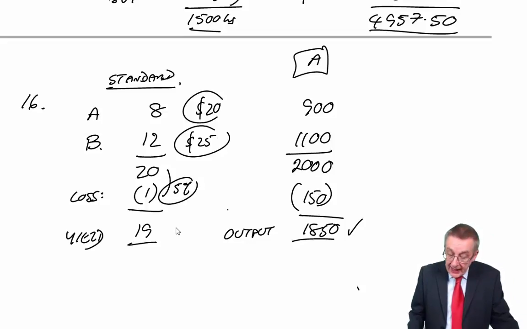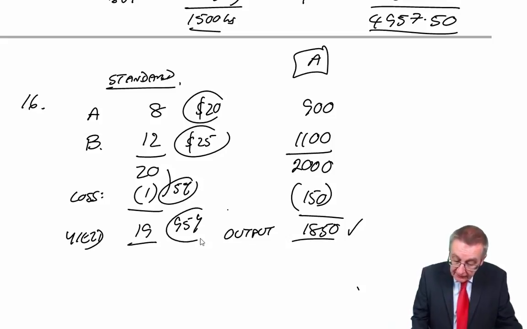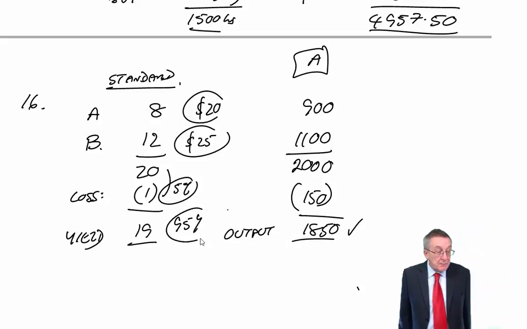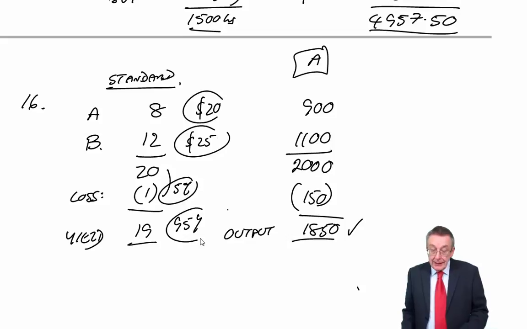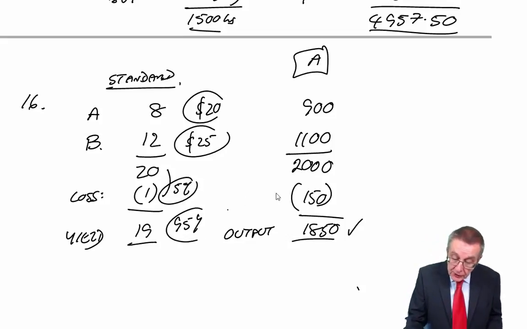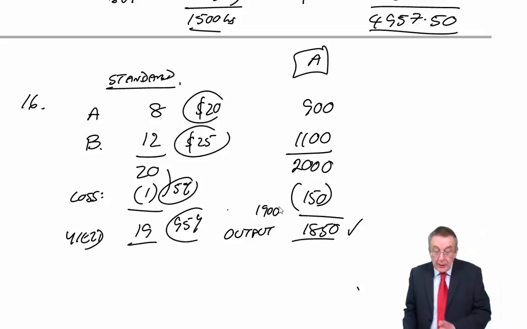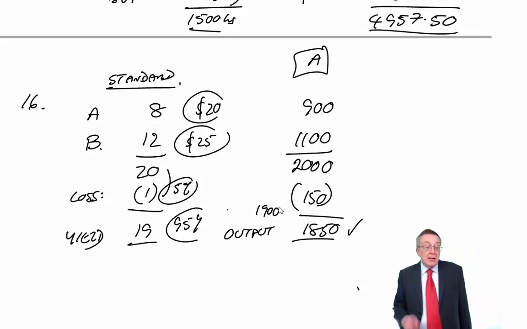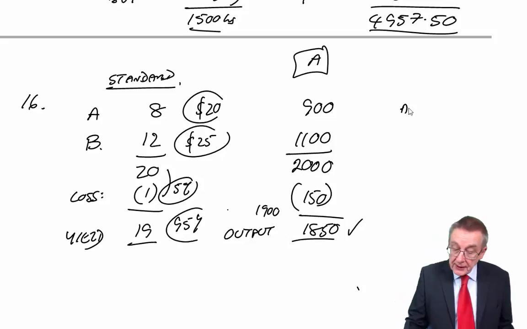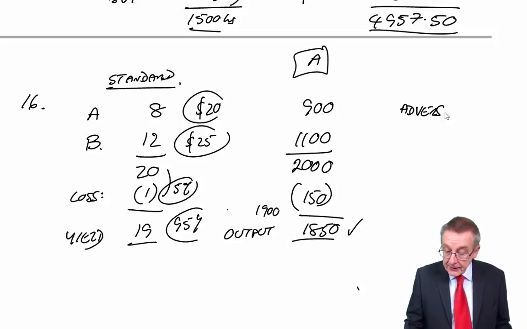So we should have got 95% out, and they've told us the figure. So we should have got out 1,900. We only got out 1,850.